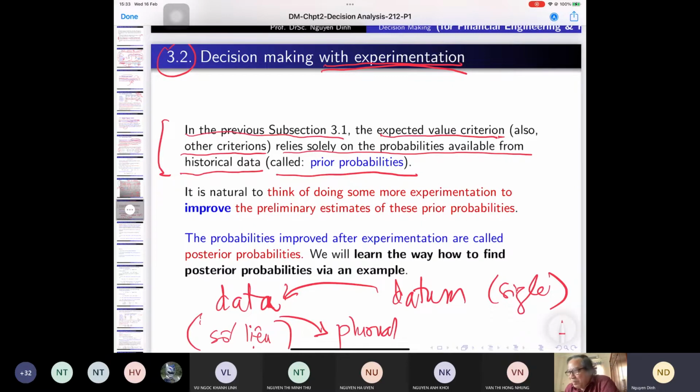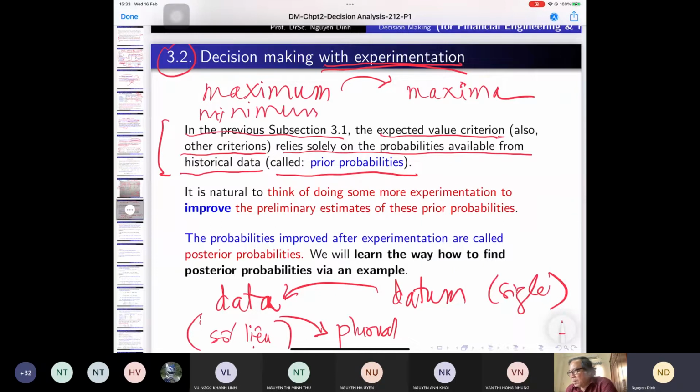So you have maximum. 1 maximum, but 2, then is what? Maximum. Minimum. Then minima. You know this? Plural.